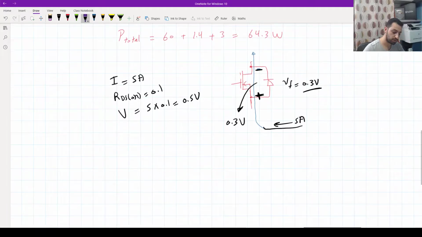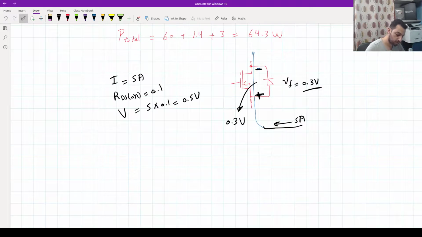So to know how much will go through that transistor, we know there is voltage, positive and negative, and there is resistor here. This is the drain and source, okay? And there is current going through there, okay, which is 5 ampere, okay? That voltage is 0.3, and we know the resistance, which is 0.1.